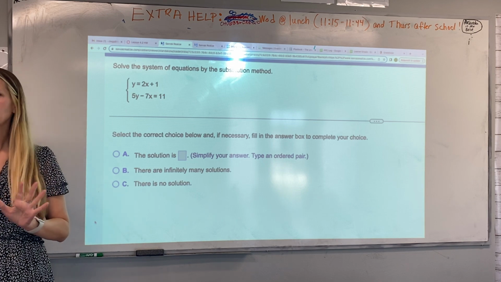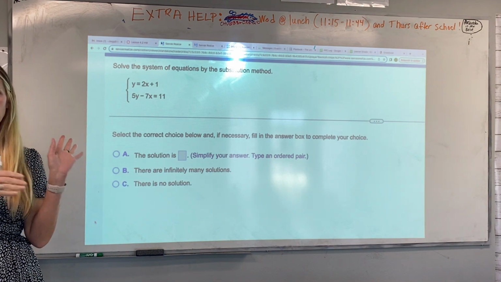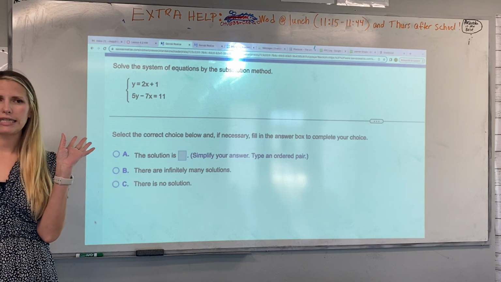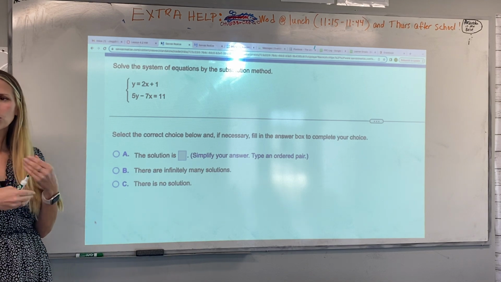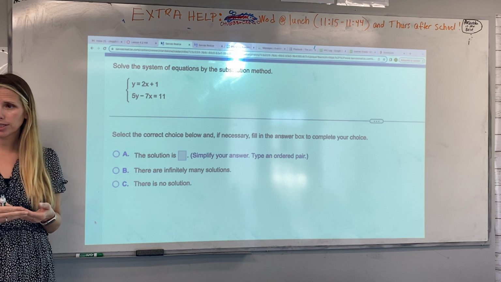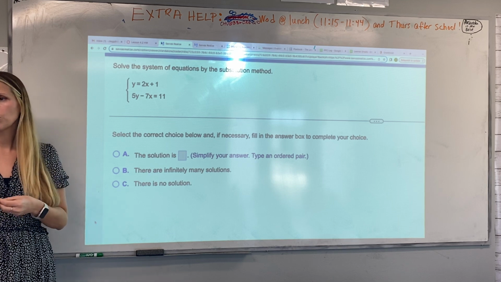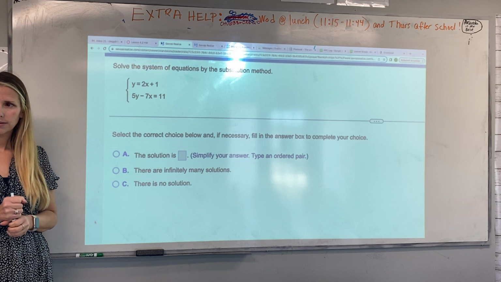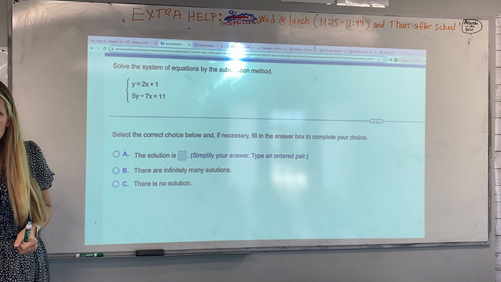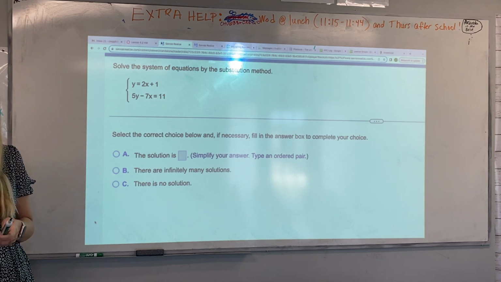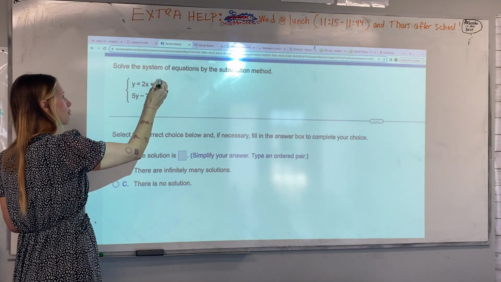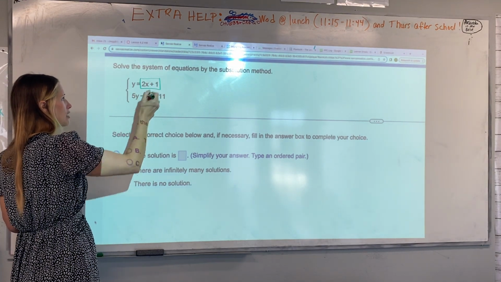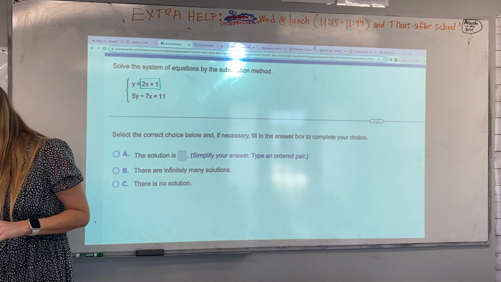It's a very simple answer. Everything's up there. I'm not asking you to do any crazy math in your head or anything like that. I just want you to identify the expression that is equal to y. What is it? That's it. The expression that is equal to y is 2x plus 1. Very good.